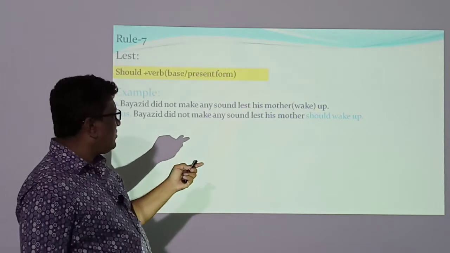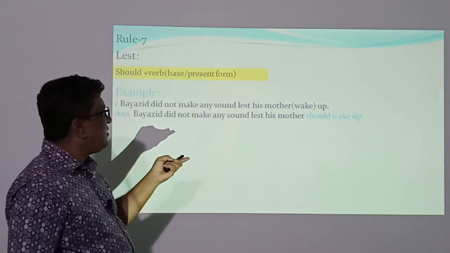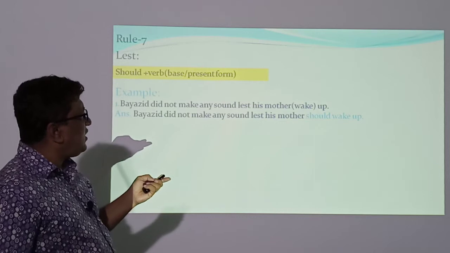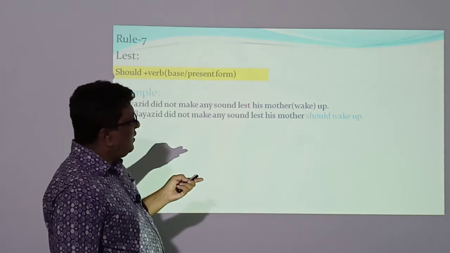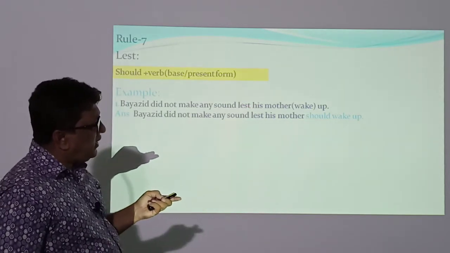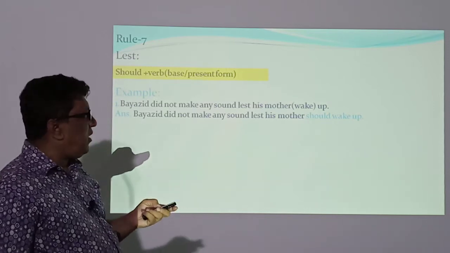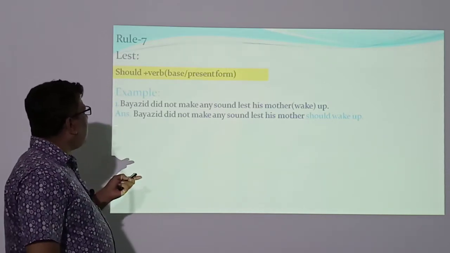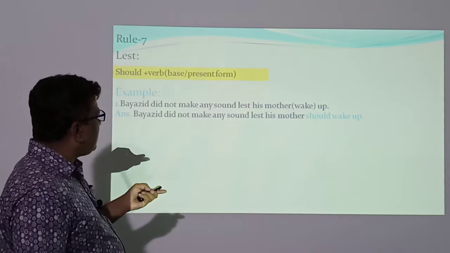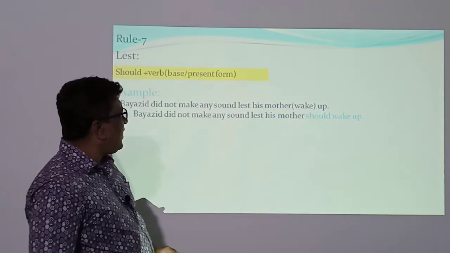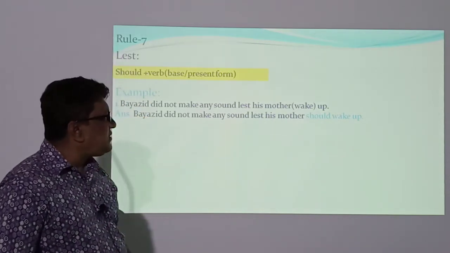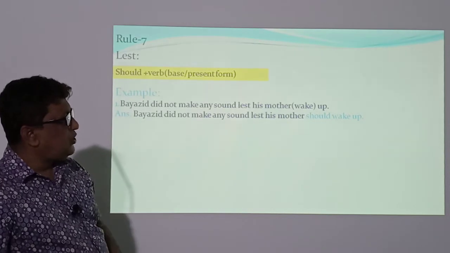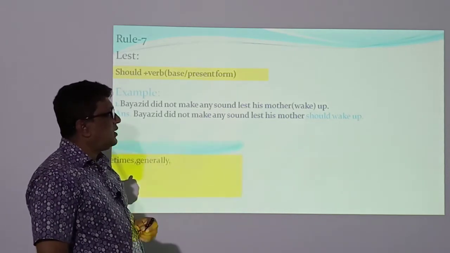In this sentence we notice lest. According to the rule, lest will be followed by should plus base form of verb. So the right answer will be: Bayezid did not make any sound lest his mother should wake up.